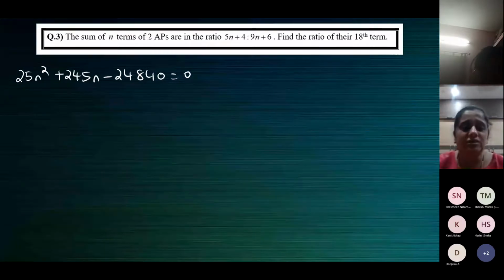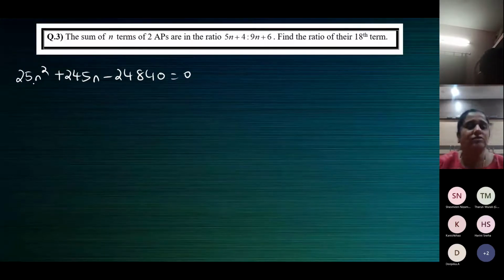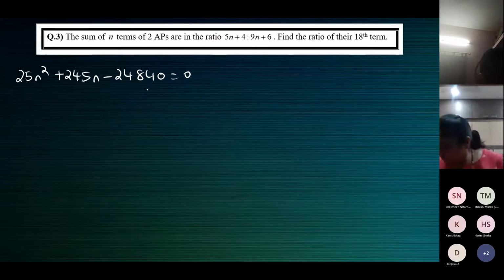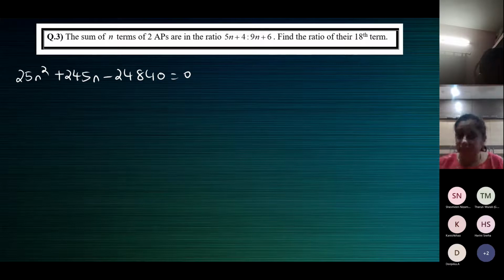We are not answering the third question. It's the same question I've continued here. So I think you can divide by 25. Not 25, by 5 throughout, because I don't think this is divisible by 25. So by 5.